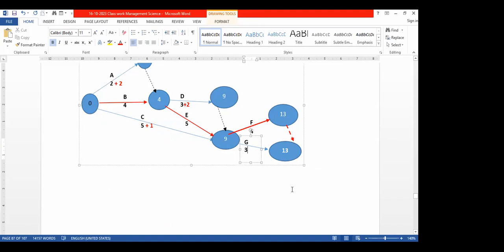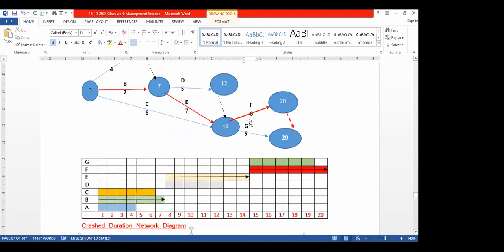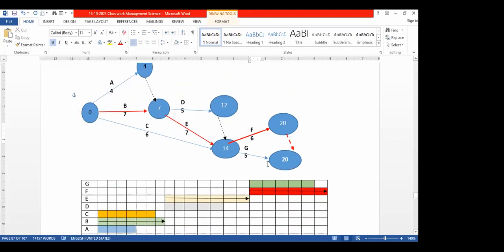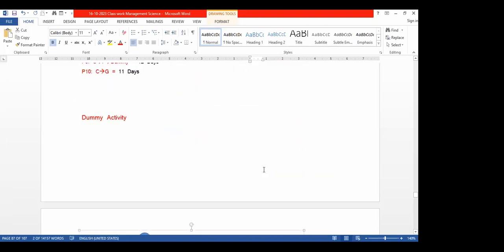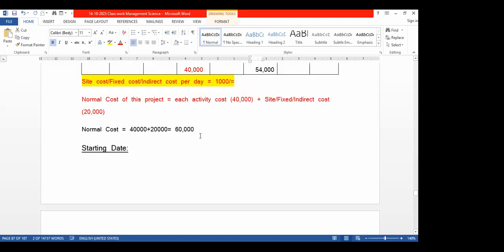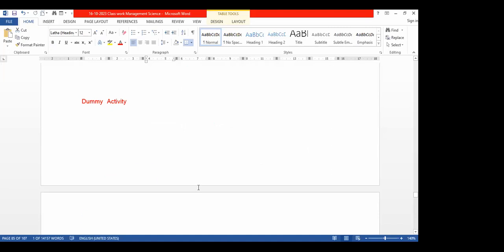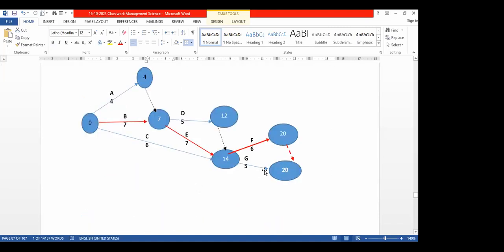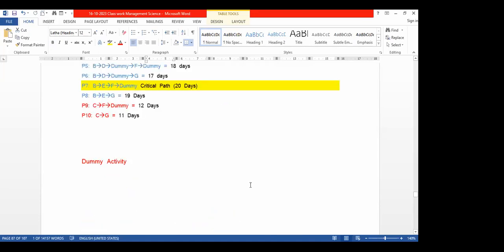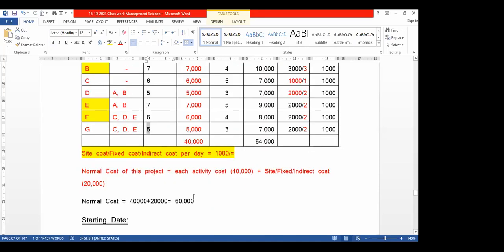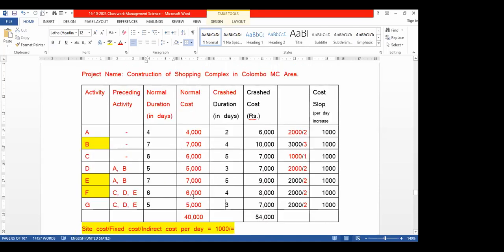So in the G, sorry, 5 days. G is 5 days, no? Yes, G is 5 days, originally 5 days, now 3 days. 2 days we have reduced.